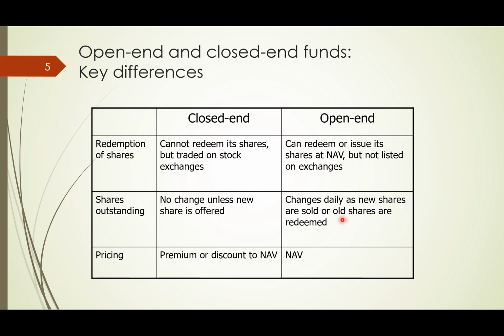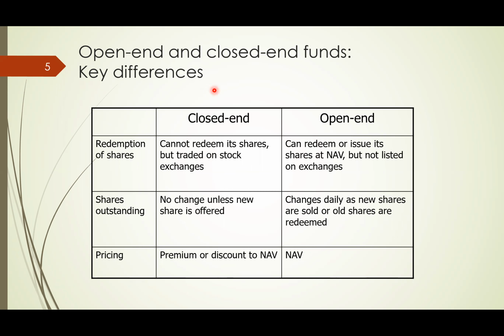In contrast, because an open-end fund allows investors to purchase new shares or redeem their existing shares, the shares outstanding change daily based on the net inflow or outflow from the funds. Because closed-end funds are traded on stock exchanges like a stock, the price may deviate from the net asset value.